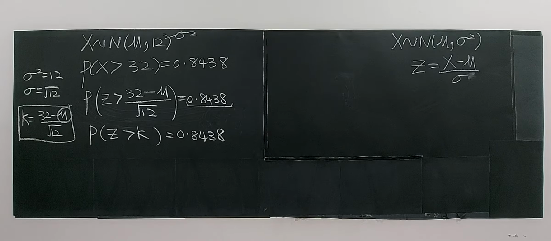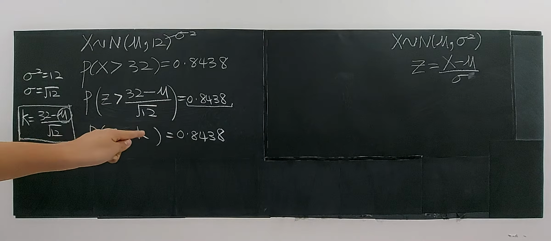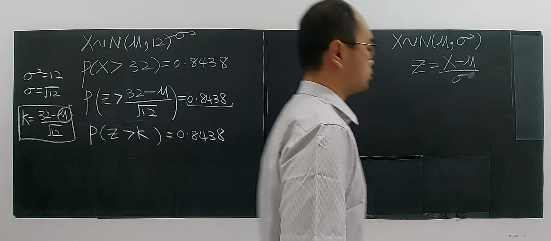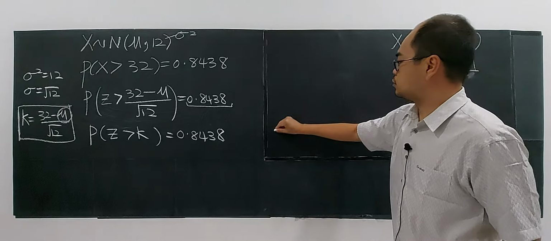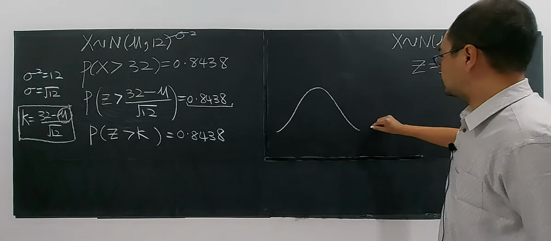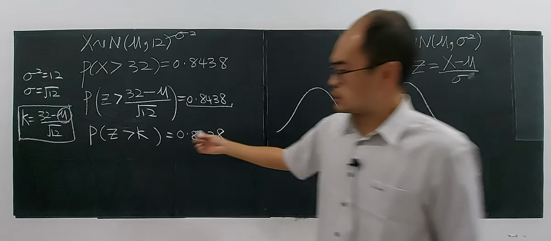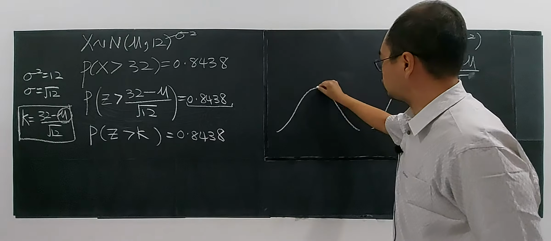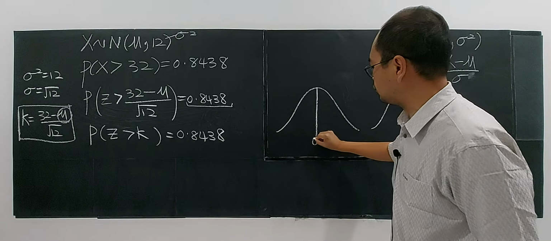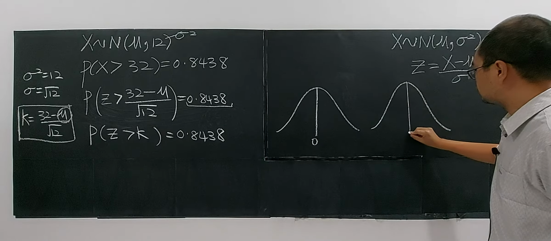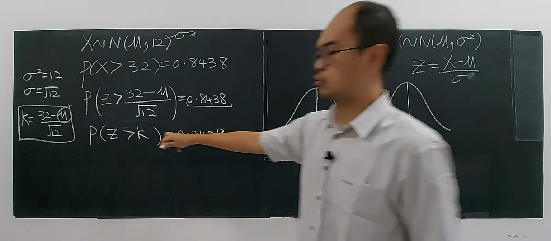So you have to know that for the value of K, if you have a normal distribution, there are two possibilities. Why two? Because they said more than. If this is the standard score, here will be 0, referring to the Z distribution.